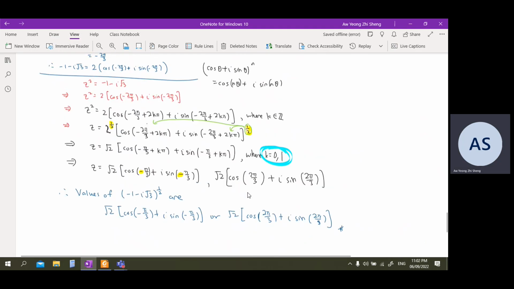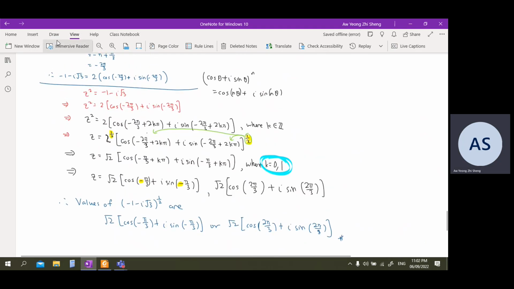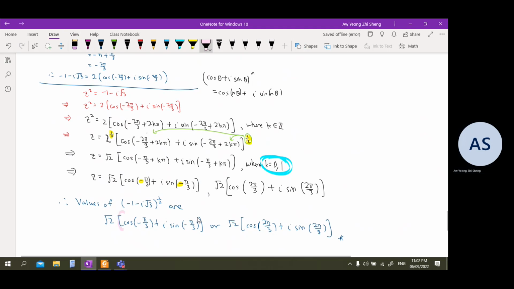Okay. When writing modulus argument form, don't forget this layer of bracket that I'm coloring in pink. Don't forget this layer of bracket, because without the brackets, the meaning would become different.